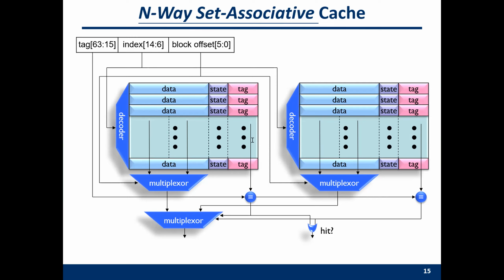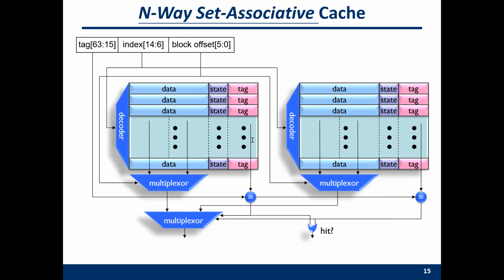How to do the lookup? You need to compare them one by one. If I give you another address here, this one can also be stored in any frame of this cache.